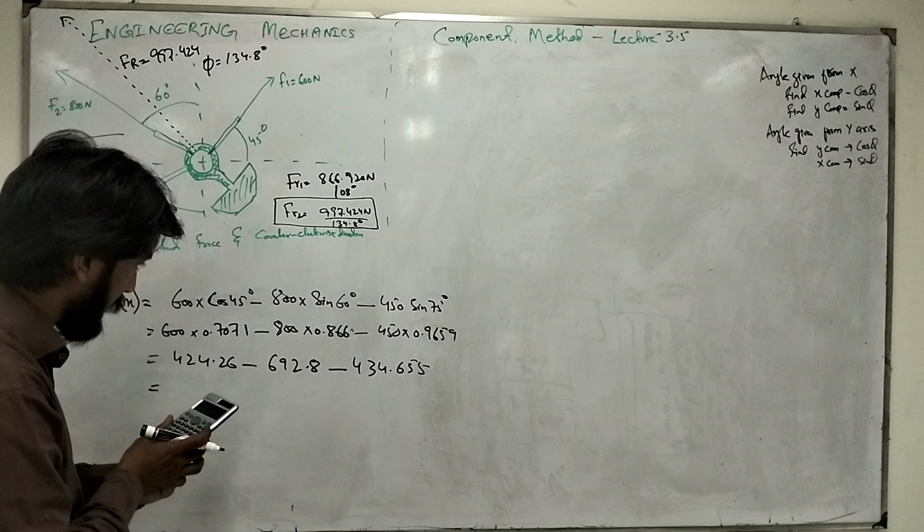We don't even know the magnitude of it. So we are going to find the Fr. How are we going to find it? We know that Fr is equal to the square root of summation of Fx square plus summation of Fy square.